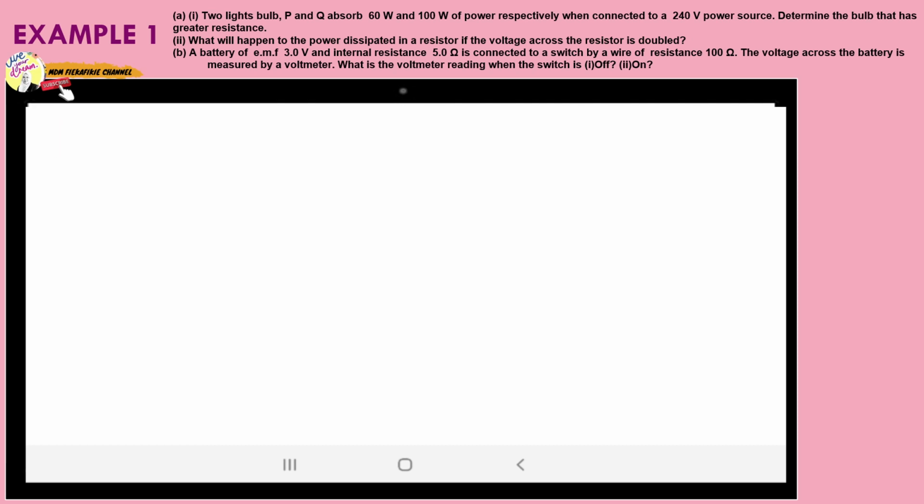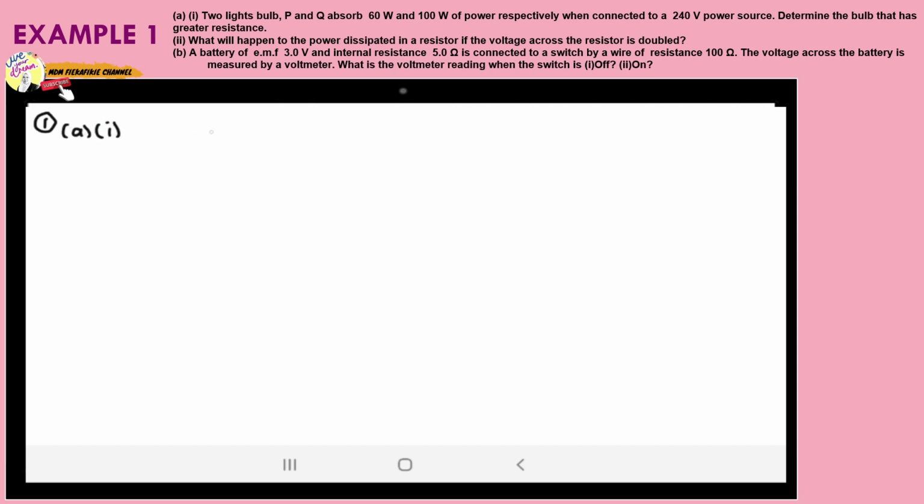So we want to calculate which bulb has the greater resistance, either bulb P or bulb Q. Now let's take out all the information given by the question. Let's write example number 1, which is A1.